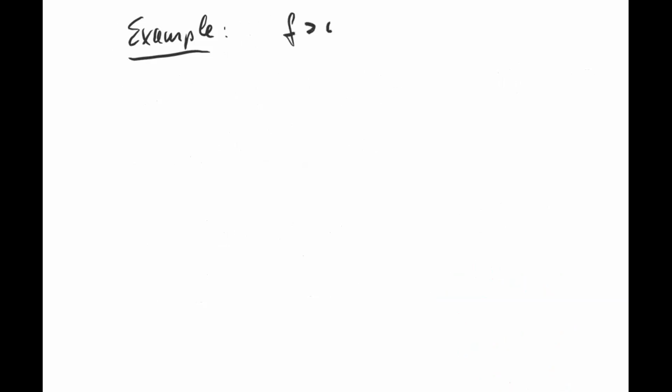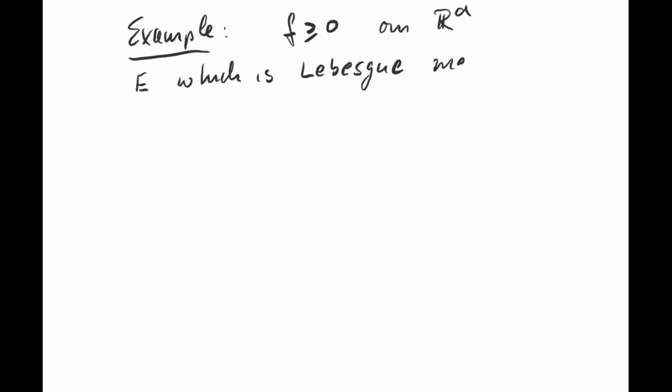So if f is non-negative on R^d, then for any E which is Lebesgue measurable, in the sense of chapter 1, we can define a new measure of E as the integral of f over E, where this is the Lebesgue integral.